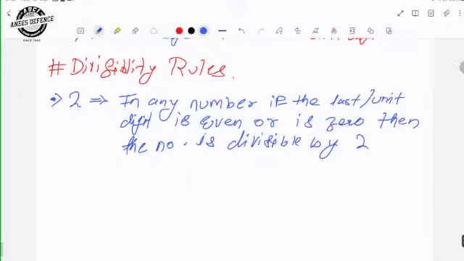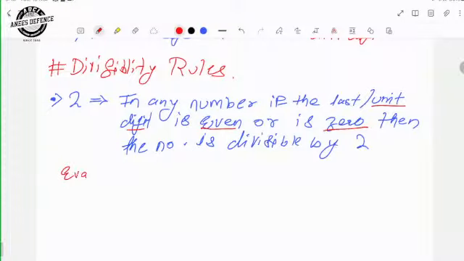What are the main things? The last digit, that means unit digit, should be even or should be zero. When the unit digit is even or zero, then the number is divisible by 2. So what do you mean by even?